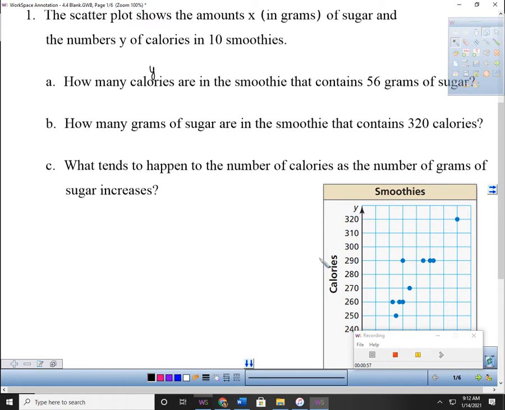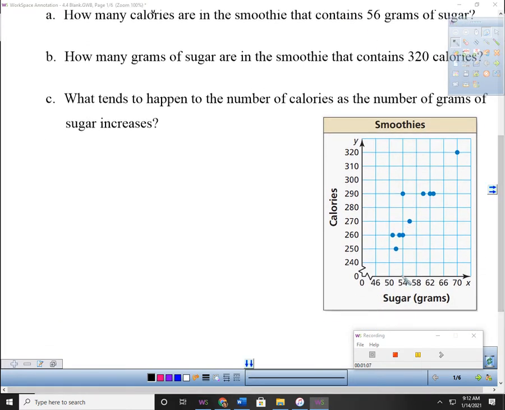The calorie side. In a smoothie that contains 56 grams of sugar. So I'm counting here. It looks like I'm counting by 4s, right? So if I wanted to find 56 grams of sugar, that would be halfway between 54 and 58, right? So this is 56 grams of sugar. I'm going to go all the way up until I reach the point that has 56 grams of sugar.